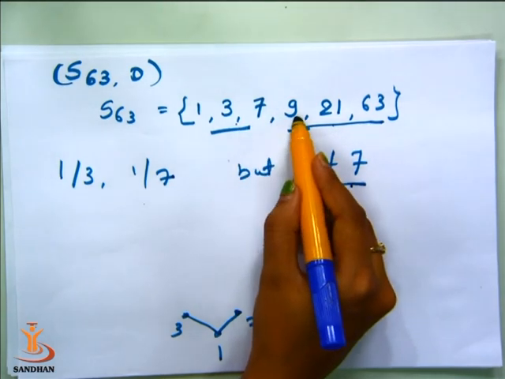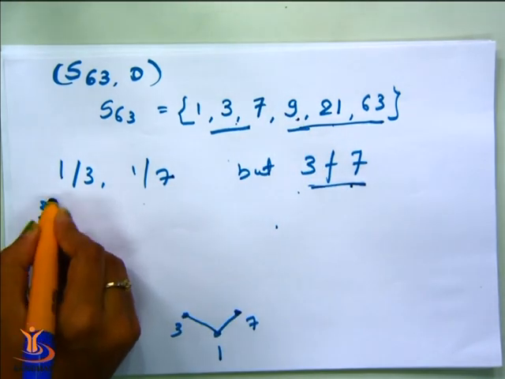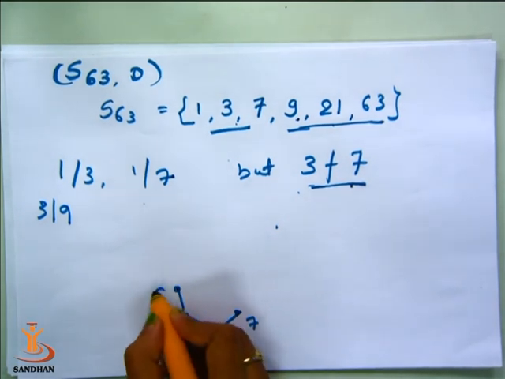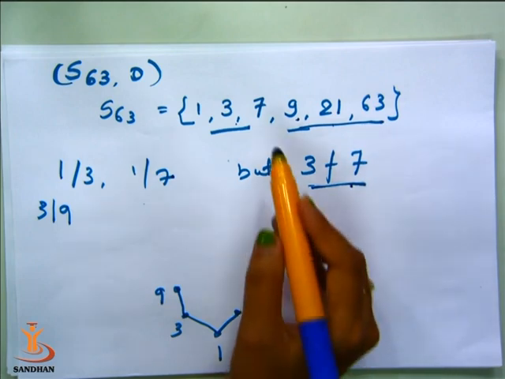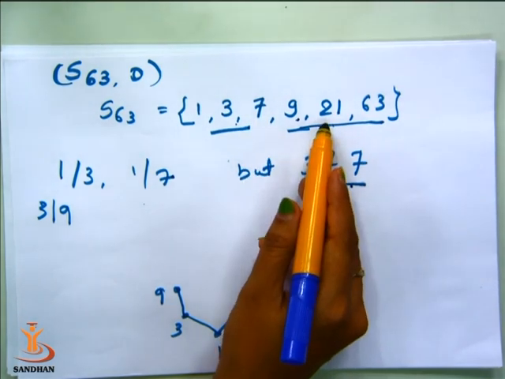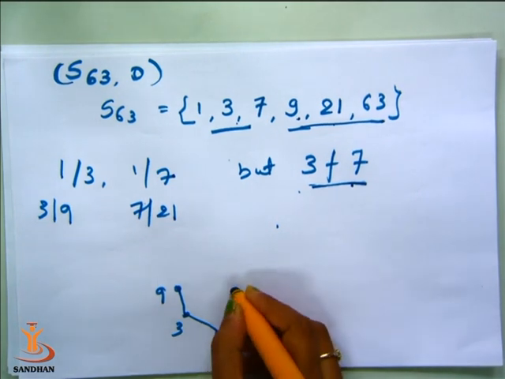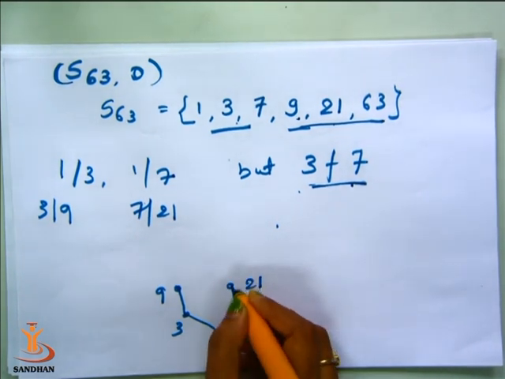Now 3 divides 9, so we can join 3 and 9 by a line. Again 7 divides 21 here, so we can join 7 and 21 by a line.